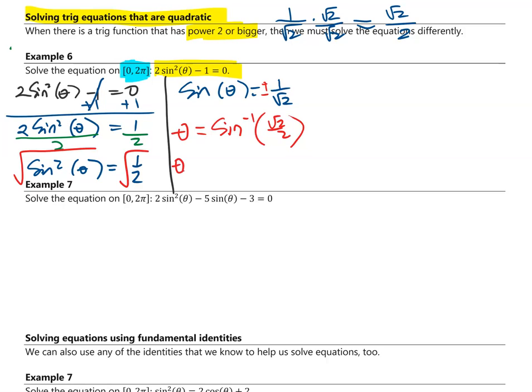And in a unit circle, square root of 2 over 2 for sine, that is going to be pi over 4 and 3 pi over 4.